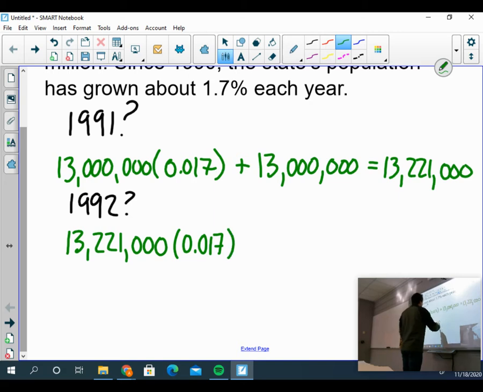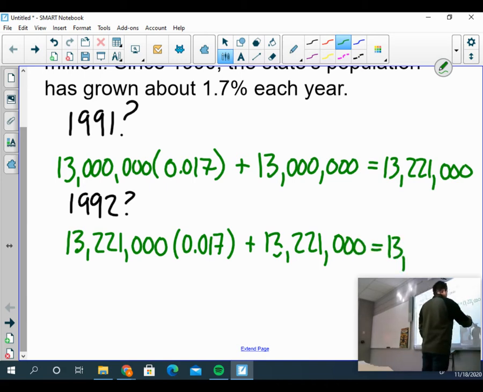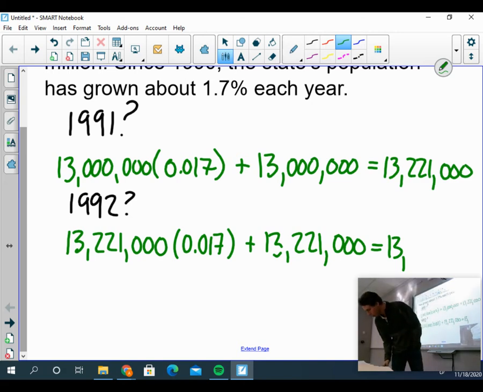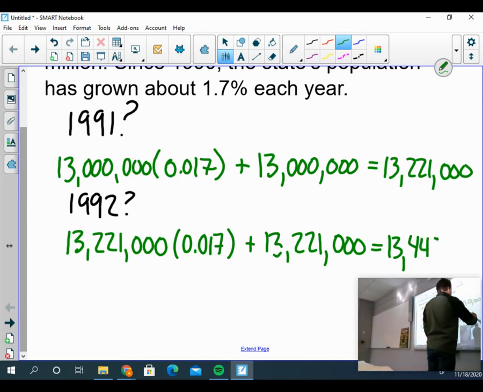Again, I'm going to figure out what 1.7% of 13,221,000 is, and I'm going to add it to my starting population from 1991. When you do this, you get 13,445,757.